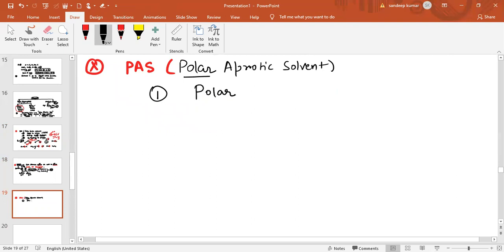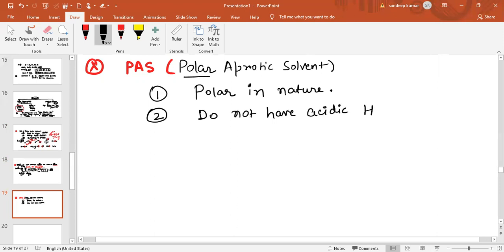Second, they do not have acidic hydrogen, like polar protic solvents. And third, in the case of polar aprotic solvents, hydrogen bonding is not possible.